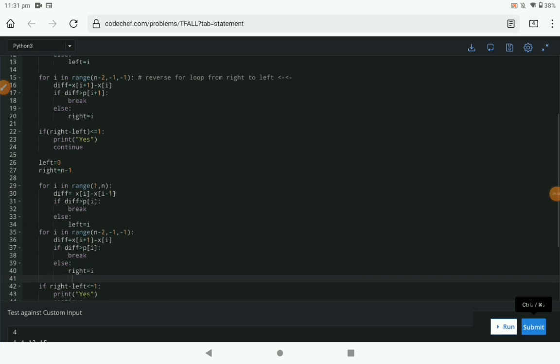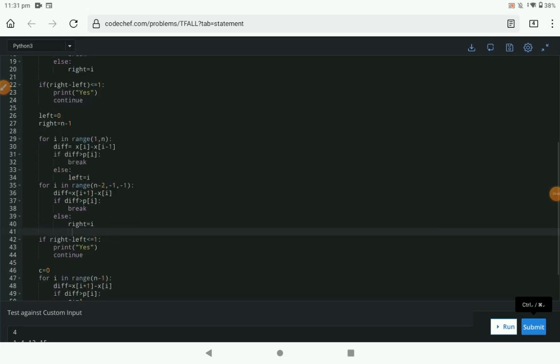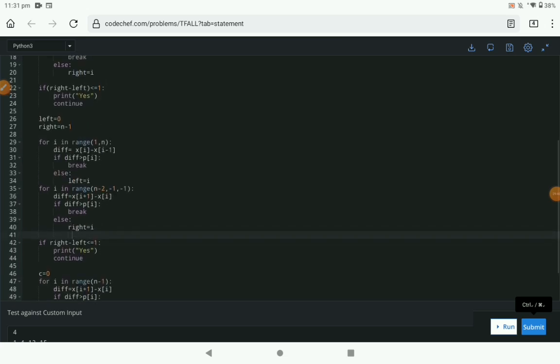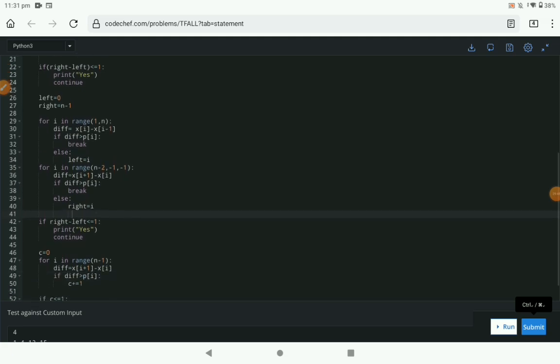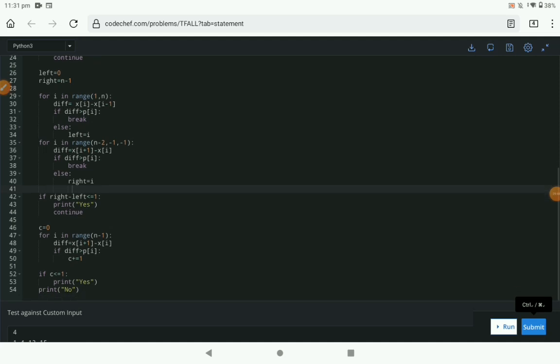1 to n. If x of i minus x of i plus 1 is greater than p of i, or in n minus 2, x of i is greater than p of i, right equals to i.